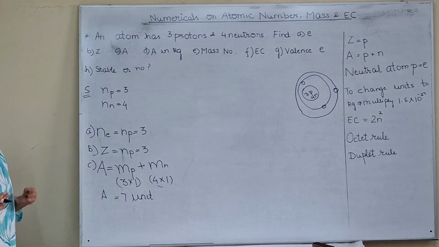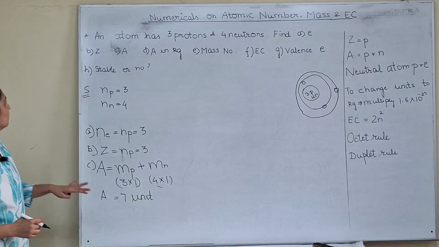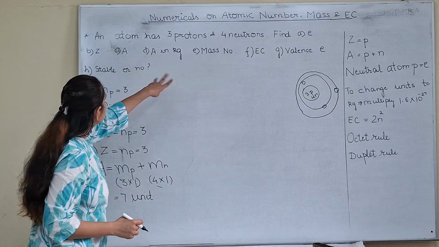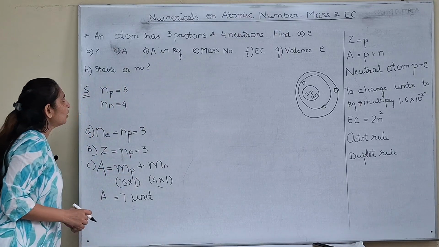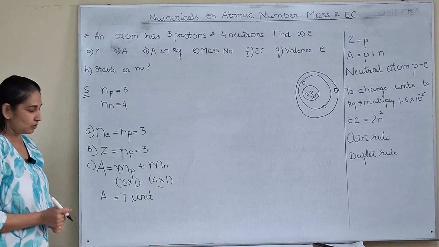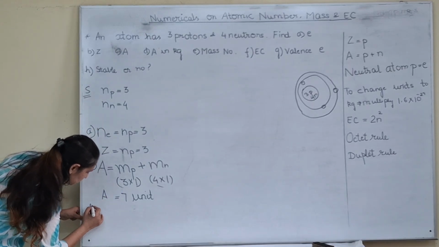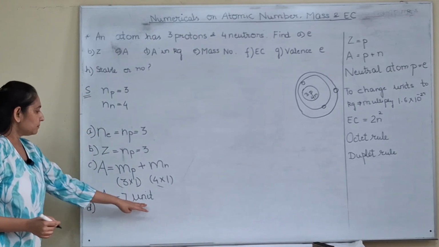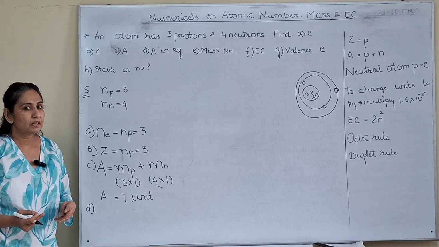We can measure the mass conveniently in this form. Okay, then now we have to also find atomic mass in kgs. Okay, let's do that. We have the mass in units, right? To convert to kgs, what did we think?